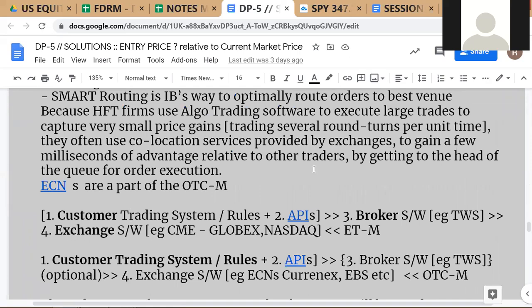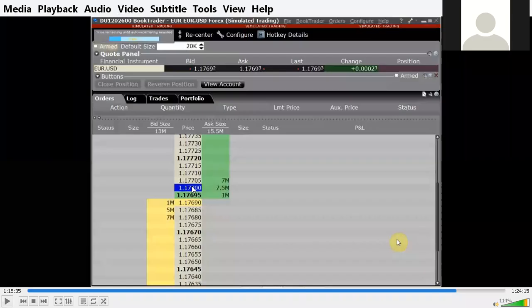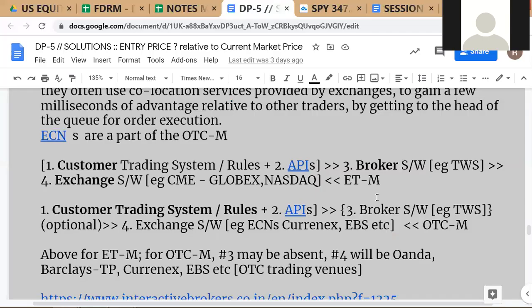This kind of order book display can be seen either at the level of the broker or at the level of the exchange. The exchange contains the highest number of participants. There are many, many brokers, and each broker has many customers. So at the exchange level, you see the maximum number of players.